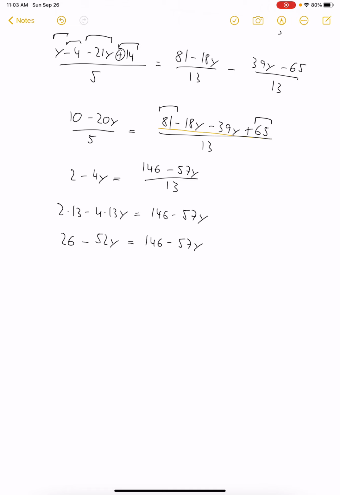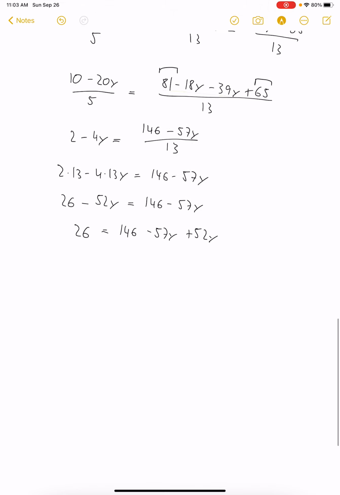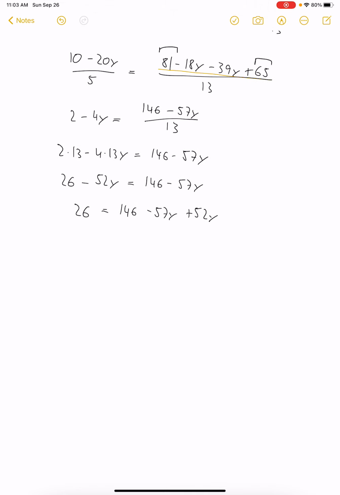We'll add 52y to both sides of the equation, which means 26 is 146 minus 57y plus 52y. And now we will subtract 26 from both sides of the equation, which means 26 minus 26 is minus 26 plus 146 minus 57y plus 52y.